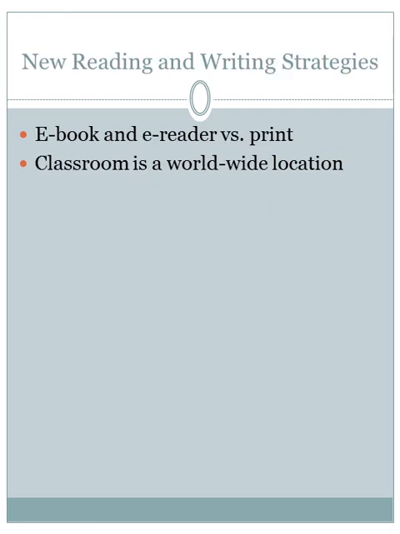Because of the advances in technology, there are some new reading and writing strategies that students can benefit from. Before all the advances in technology, books were primarily accessed in print. Now a lot of books are easily accessed online, on iPads, tablets, and e-readers. This makes it easier for students who have a visual impairment to be able to make the font larger without having to use a magnifying glass.